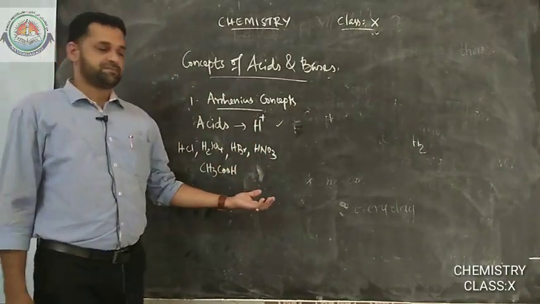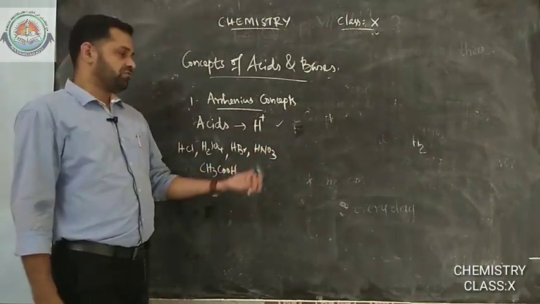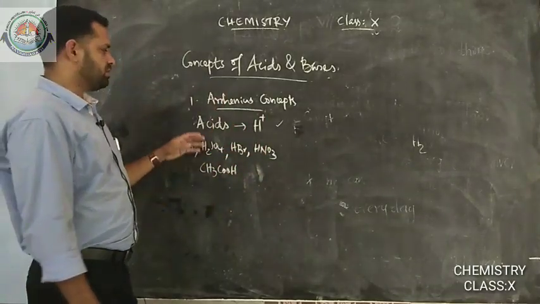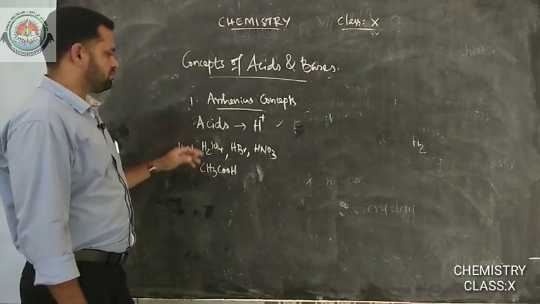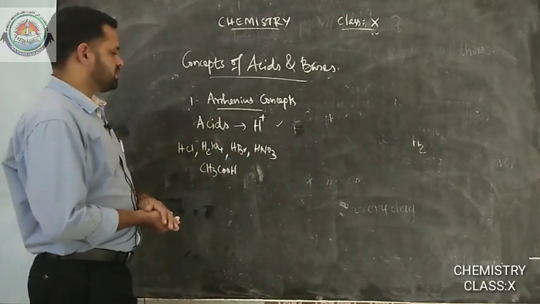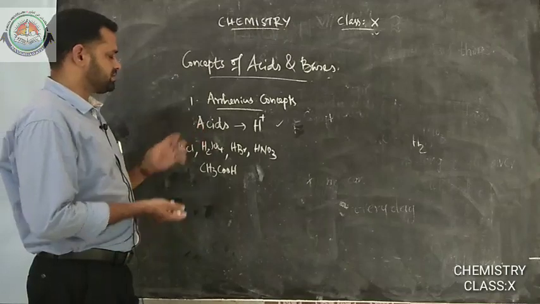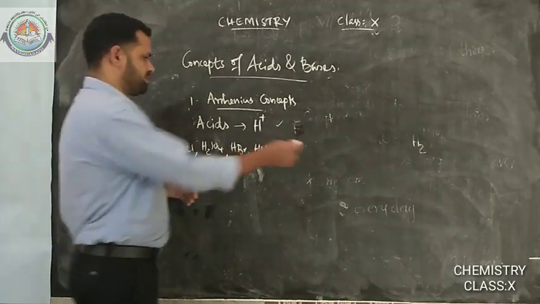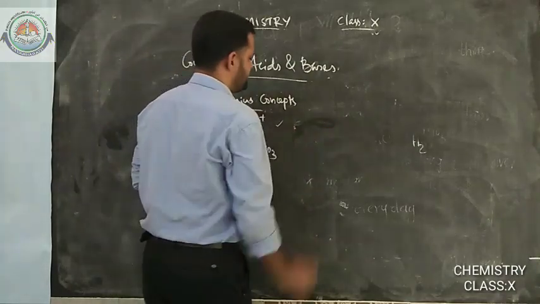All these acids, when they dissolve in water or mix with water, give H plus ions. So, they are called acids according to Arrhenius. So how are they giving H plus ion?